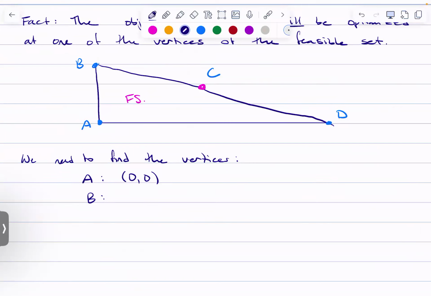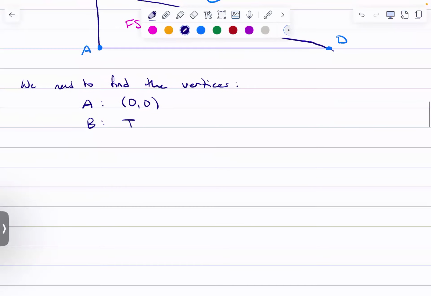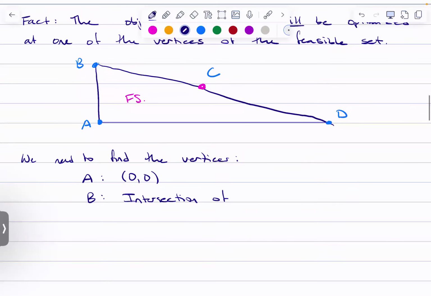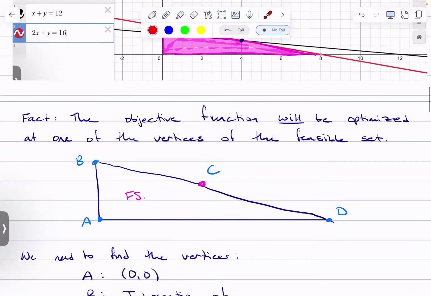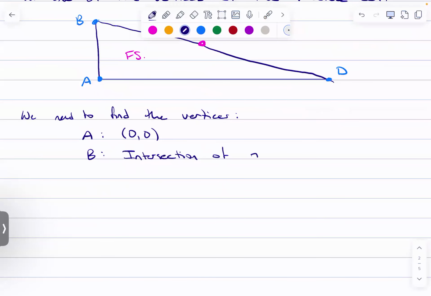How about B? Well, B is the intersection of which line? From here, it's the black line, which is x plus y is equal to 12, and the y-axis, which is at x equals 0.